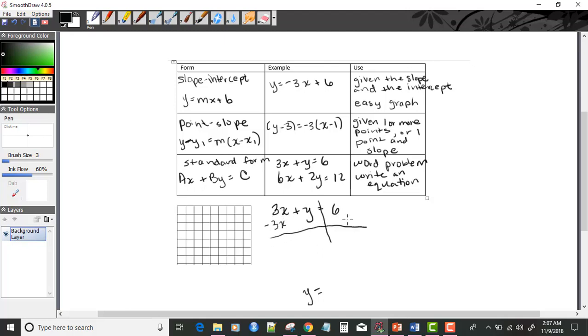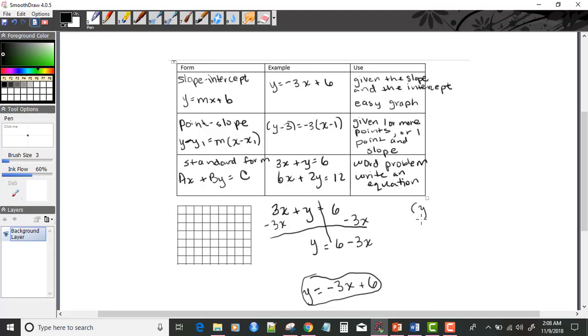In this case, subtract 3x from both sides. And I'm left with y equals 6 minus 3x. I'm going to switch these terms using the commutative property. Put my negative 3x in the front, and you can see that this is slope-intercept form. So I took that same equation and just rewrote it in slope-intercept form, but they're equivalent.